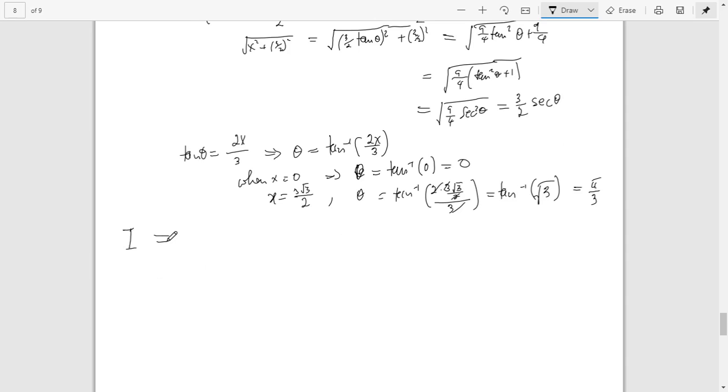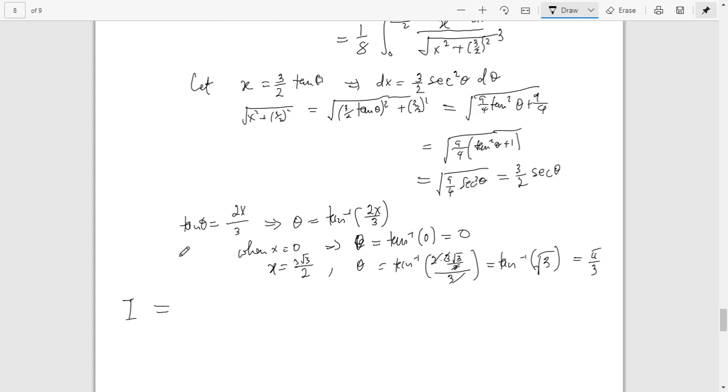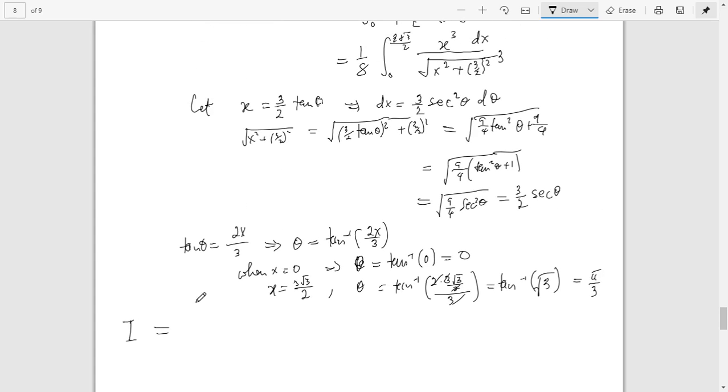My I would now be equal to 1 over 8 integral from 0 to 3 root 3 over 2 of x cubed over square root of x squared plus 9 over 4 to the power of 3 dx.